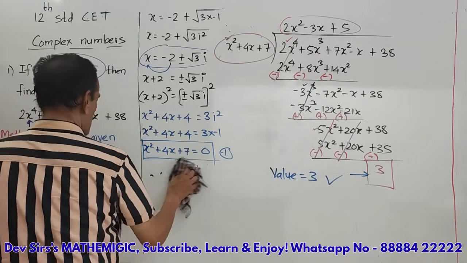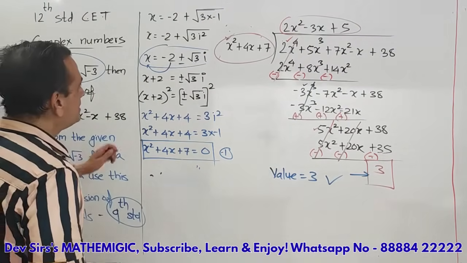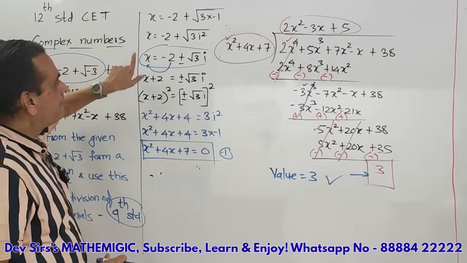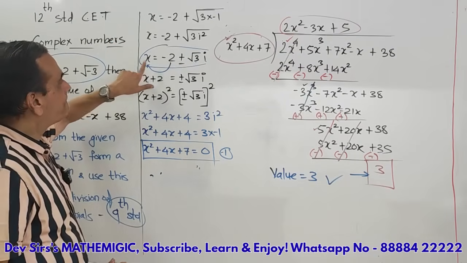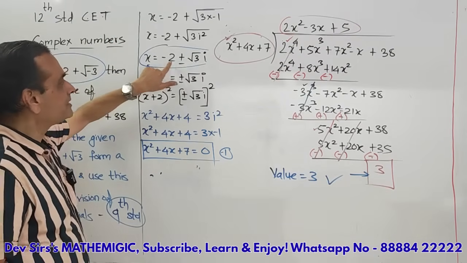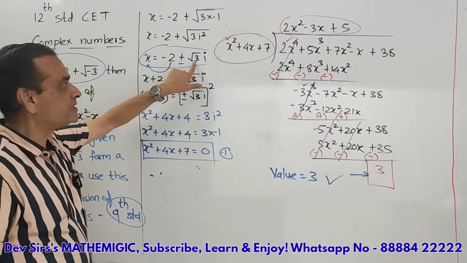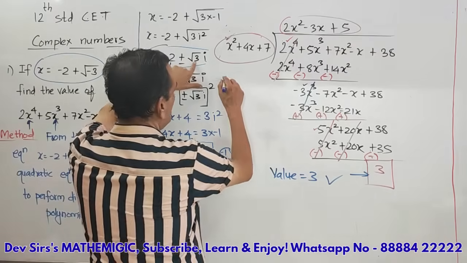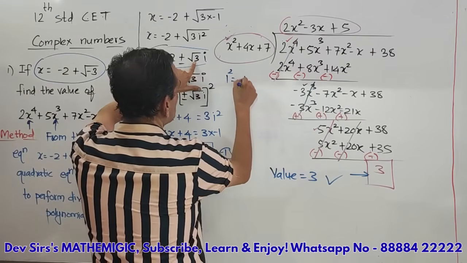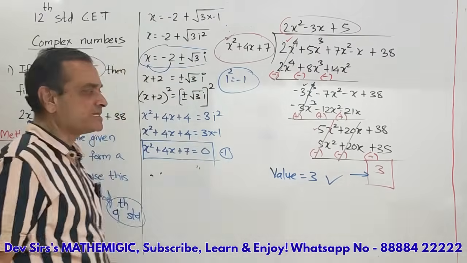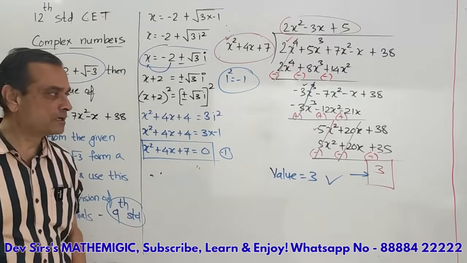Followed? So this is the complex number, this is the real part, this is the imaginary part, and always remember i squared equal to -1 is the basic funda of complex numbers. Okay?